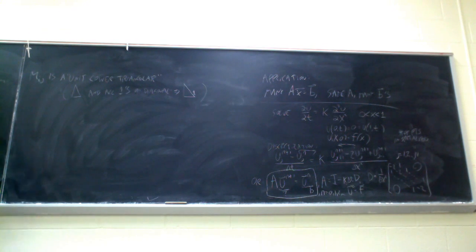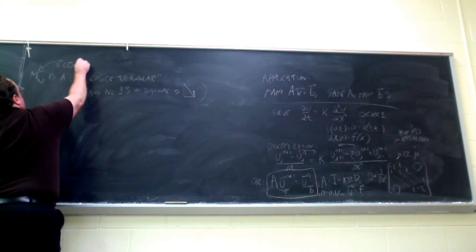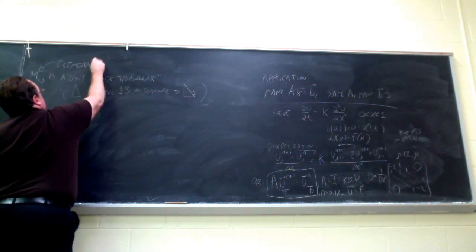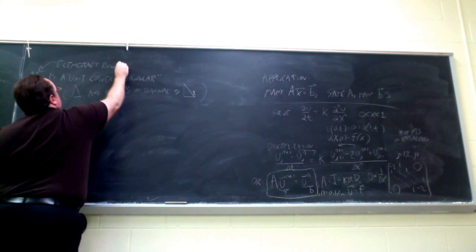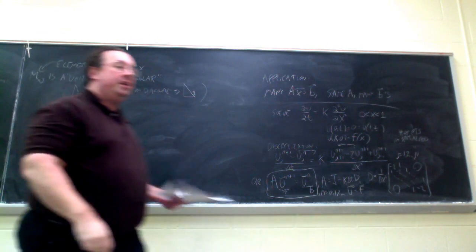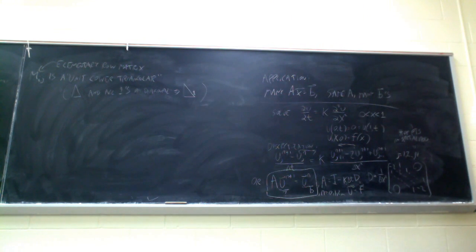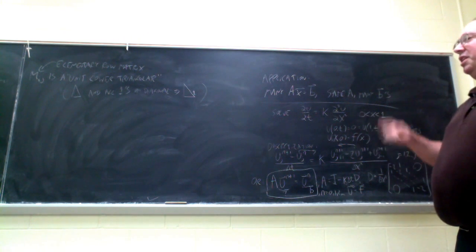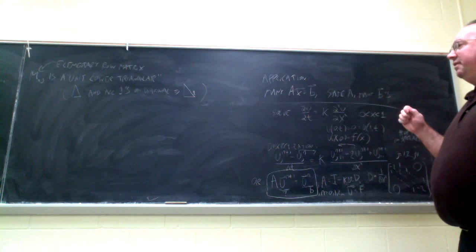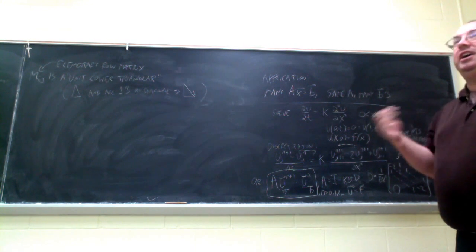I should mention terminology-wise, capital Mij is known as an elementary row matrix. In other words, an elementary row matrix is any matrix that, when multiplying on the left, performs an elementary row operation, whether it's adding a multiple of a row to another row, or interchanging rows, or multiplying a row by a number.